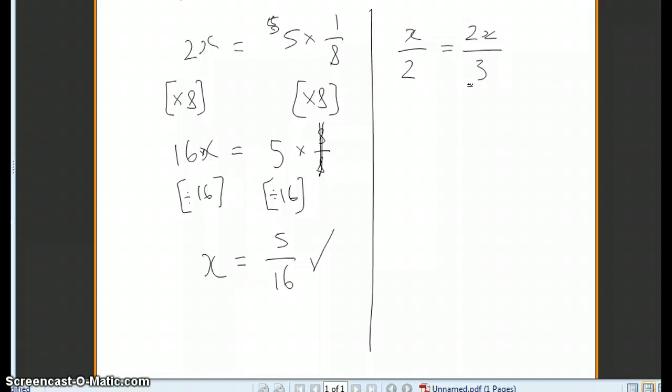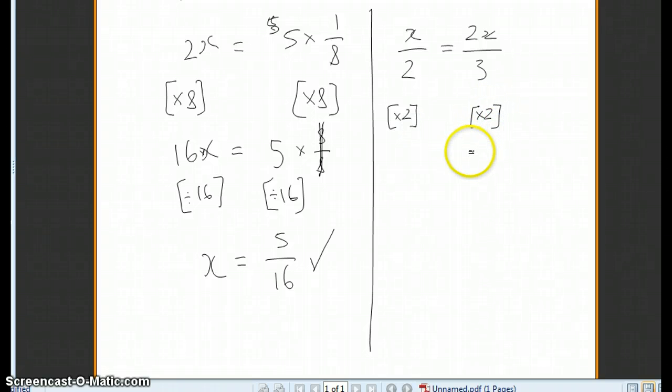Times by the bottom number or the denominator. And it doesn't matter if I do 2 first or 3 first, as long as I do them. When you get good at it, you can do it both at the same time. Not for my example, but I'm going to do it separately so people can follow my working.